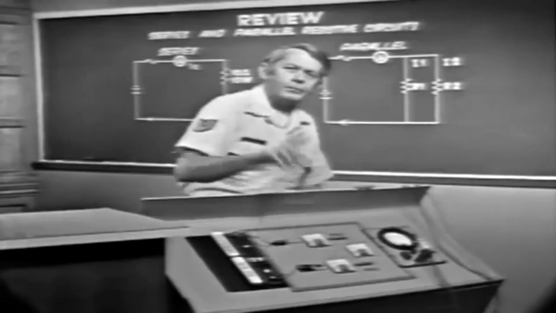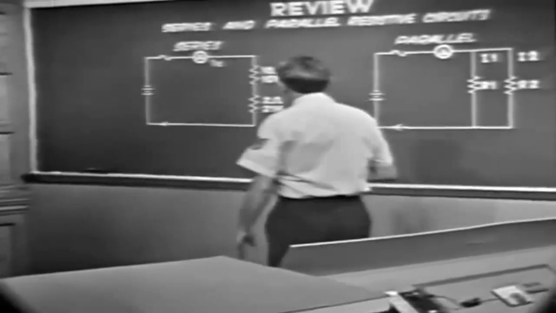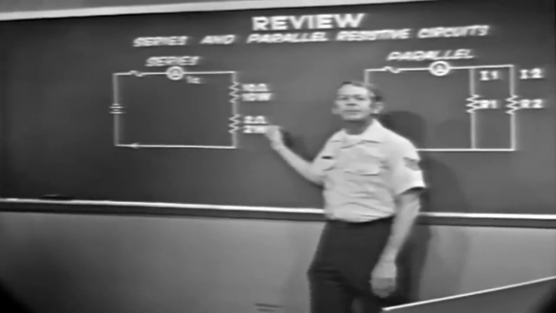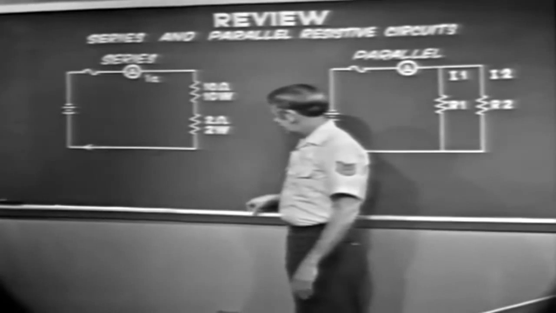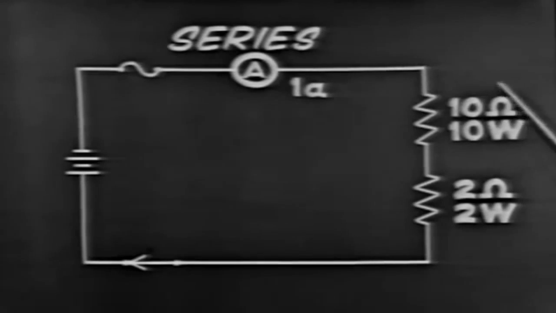Okay, there's one other thing to consider about a series circuit. This is the power dissipated by the components. You should remember that when current flows through a resistance, power is dissipated.